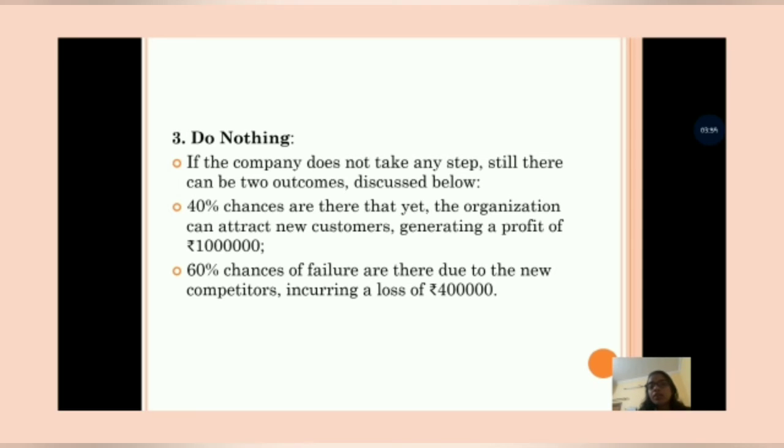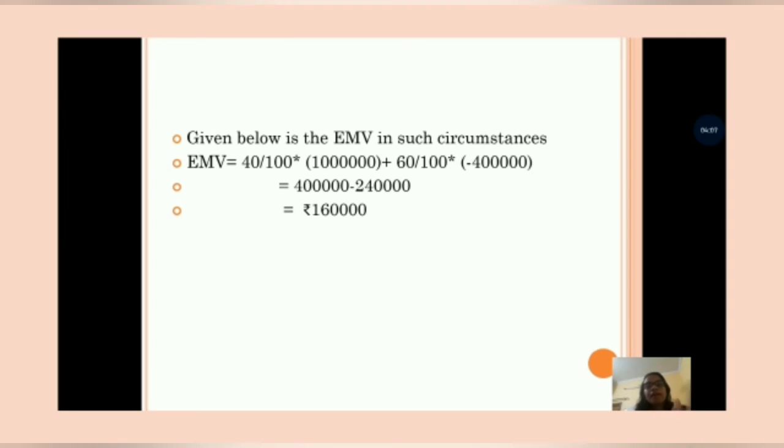Whereas if it does not fail, it makes a profit of rupees 10 lakh. If we calculate the EMV, expected monetary value, for this option, it comes out to be rupees 1,60,000.